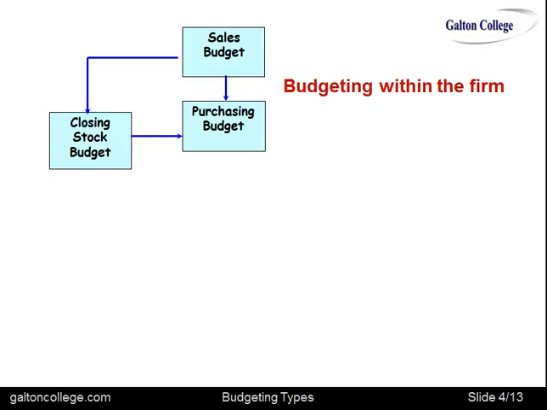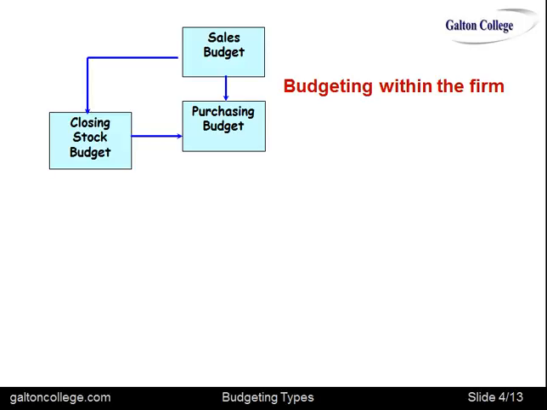And between the sales and the purchasing, we get the closing stock budget, which indicates how much the business wants in stock at the end of the period, and how much also should be spent on stock and how the stock is managed over that period. So we have three linked budgets.